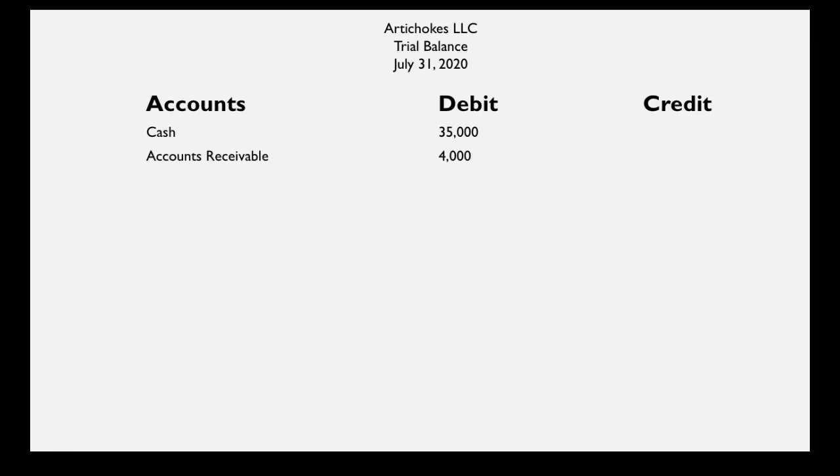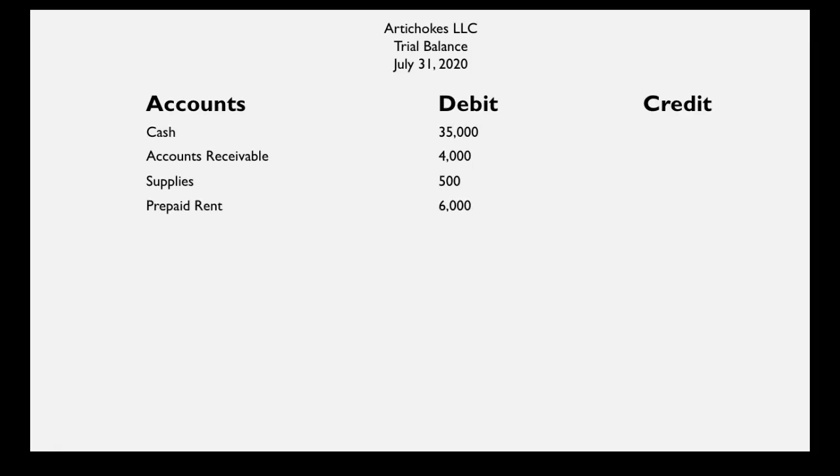After cash, accounts receivable. So accounts receivable is another asset, so its balance of $4,000 is in the debit column. After accounts receivable will be supplies. It's another asset, so its balance is a debit.